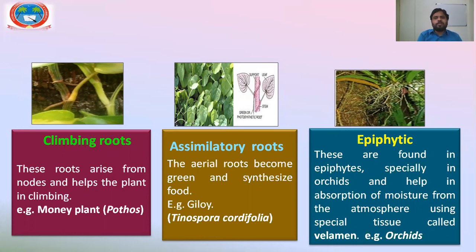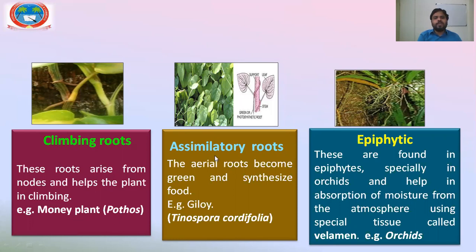In climbers, the roots develop from the nodal area and attach to the substratum, due to which the plant grows along the substratum. That is called a climbing root. For example, money plant, that is Pothos.